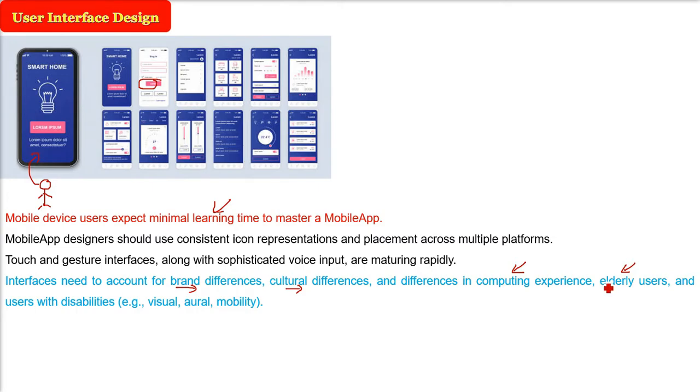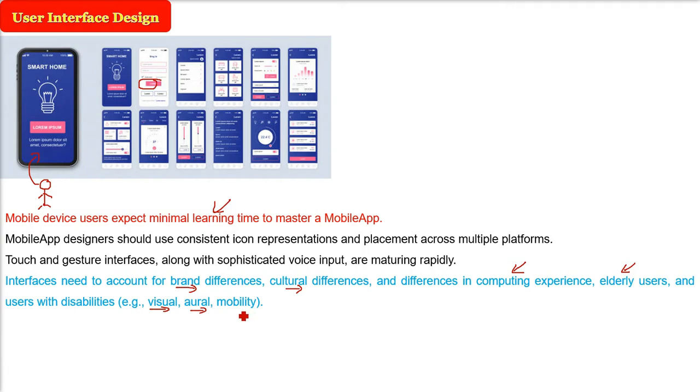And then the disability. Those people who are specially able, like with visual, oral, and especially mobility restrictions. The interface should be designed for all these different fields, different thoughts, different perspectives.